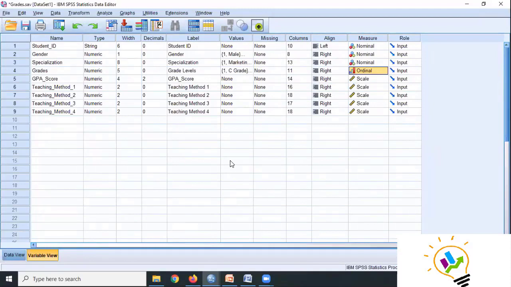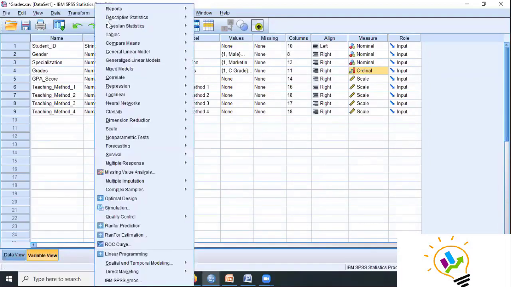I have not started any test; this is before starting the test itself. This is the stepwise order which we must follow: data type, measurement type, and for scale data only, we need to check whether the data is normally distributed or not.